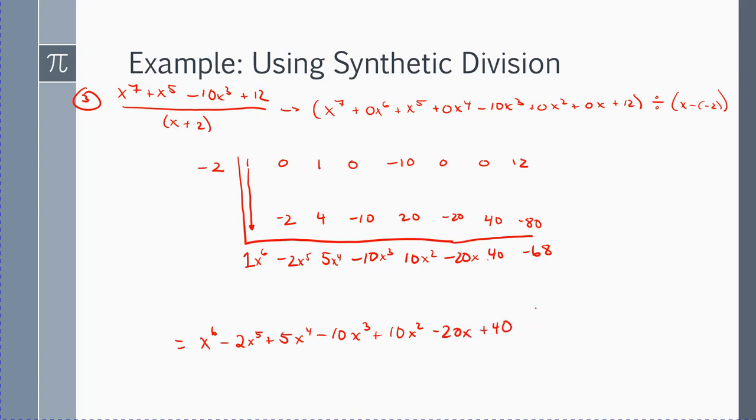And then our remainder would be minus 68 over x plus 2. So imagine trying to do this with long division, right? With synthetic division, just boom, boom, boom. You can do it really quickly whenever you have just an x plus or minus some value.